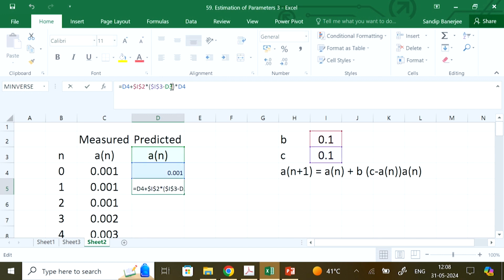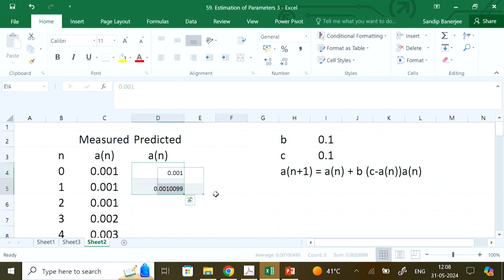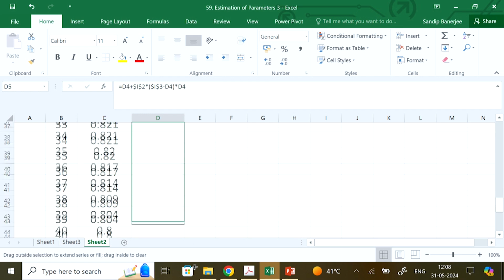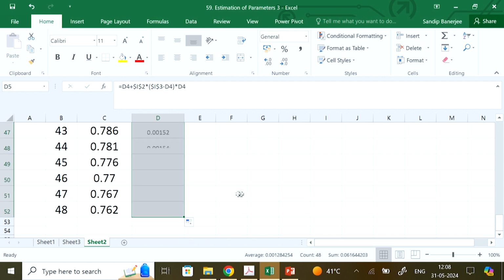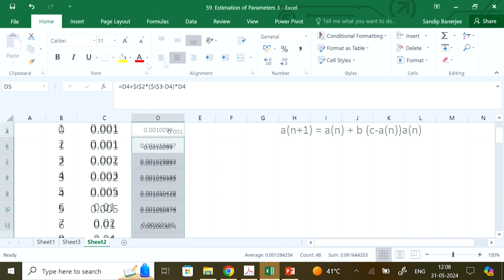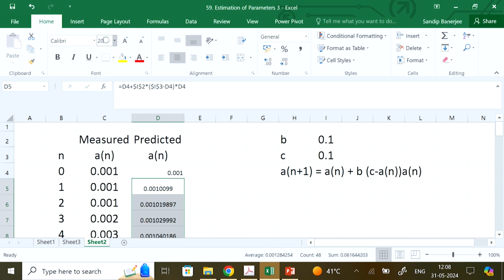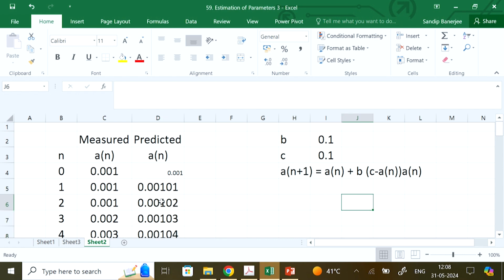Oh, so this will be D4. Yeah, so you get some value. So I drag them, make them 20. So let us now plot this.